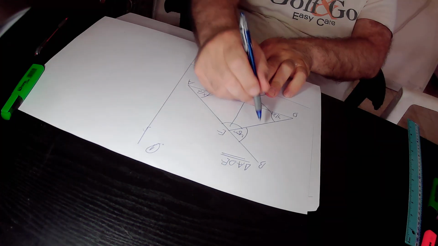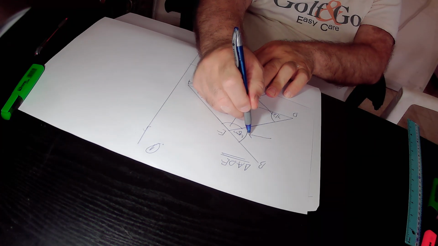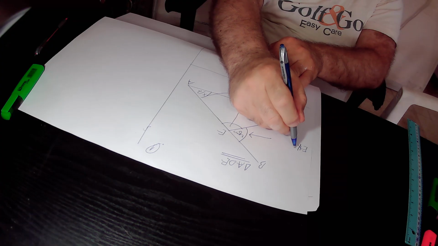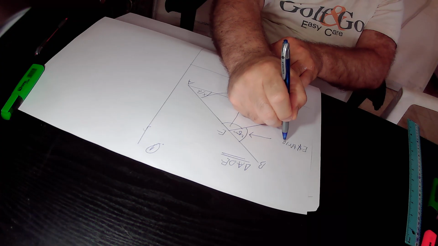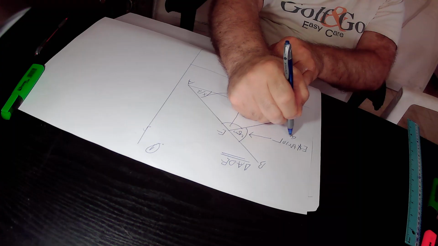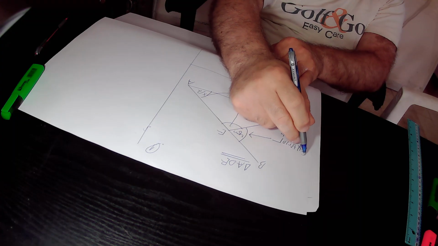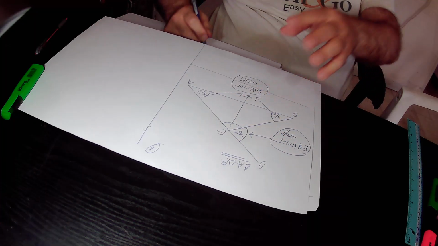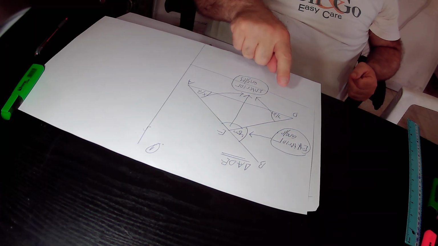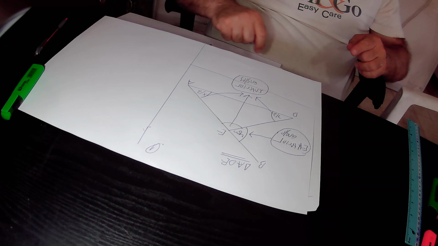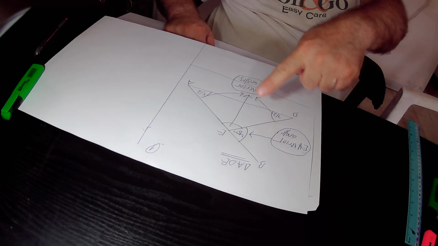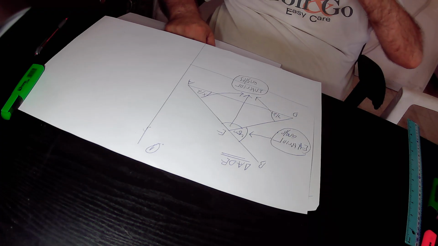This is the external angle of triangle ADE. So in the drawing we have three internal angles, and this is the external angle. Angle BED is the external angle of this triangle, triangle ADE.